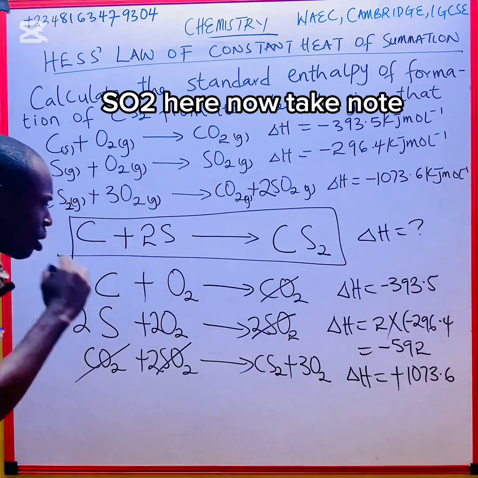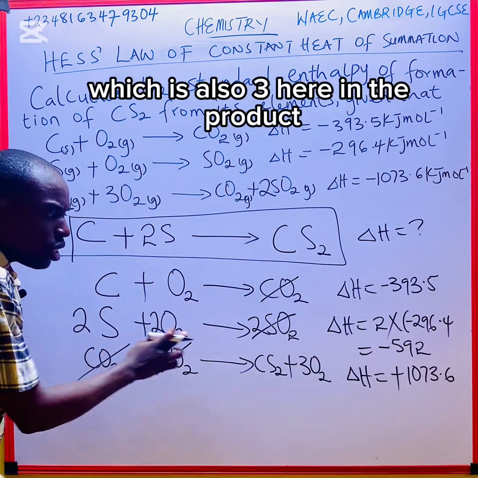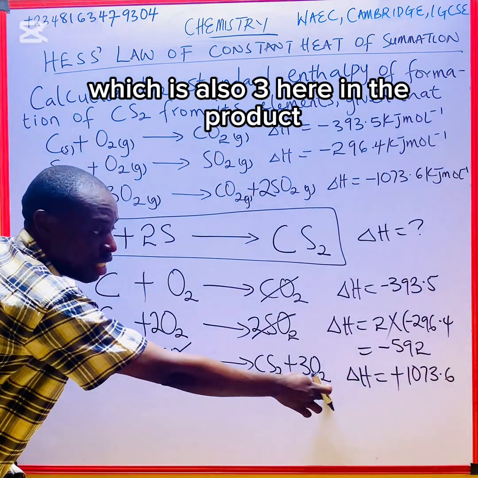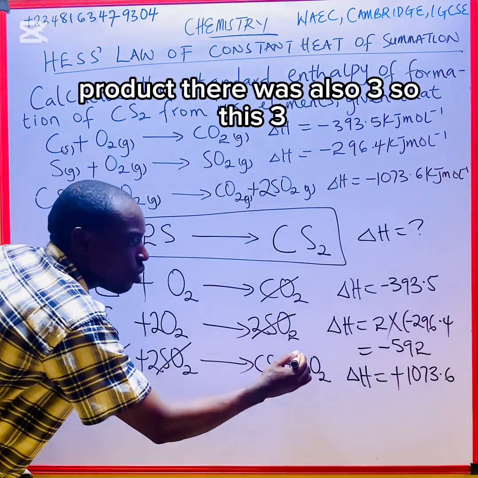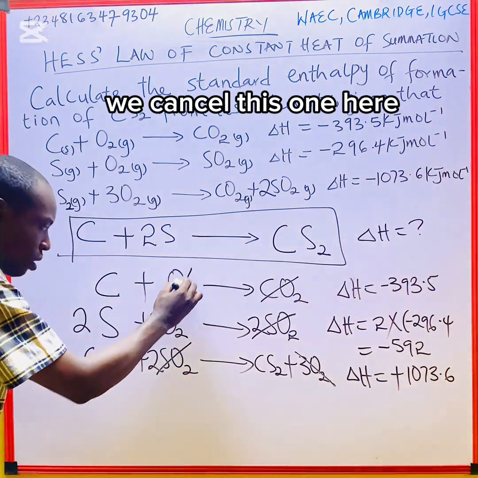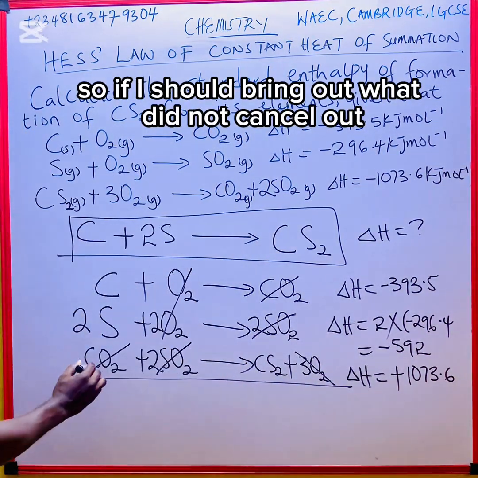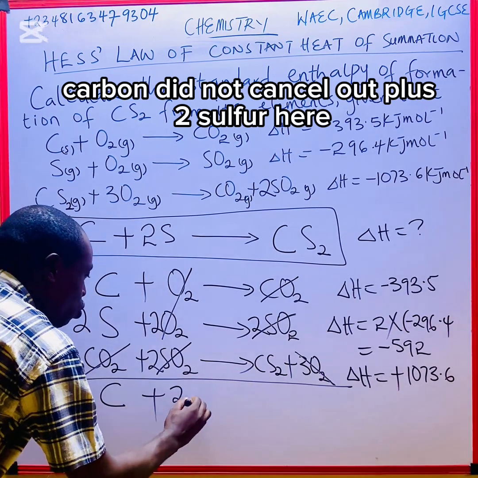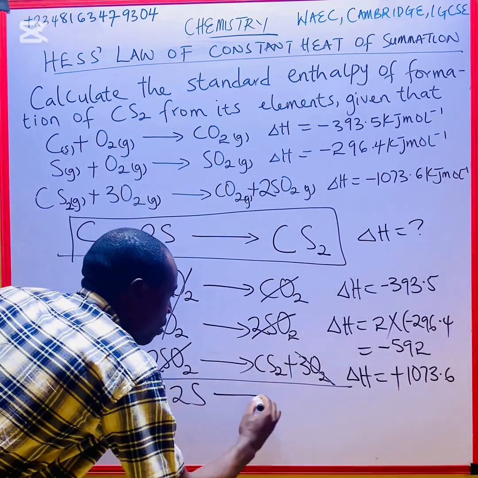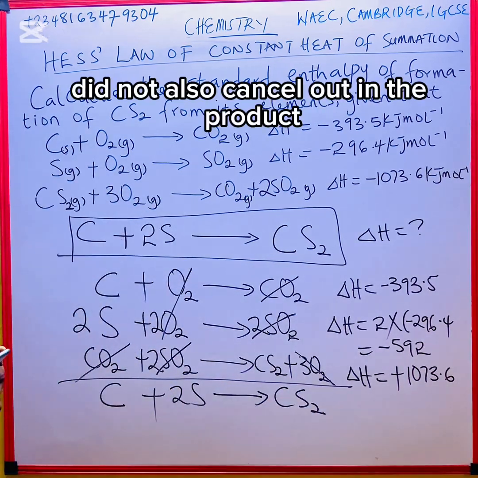Now take note. 1 oxygen plus 2 oxygen, is it not 3? Which is also 3 here in the product, meaning the reactant here was 3, product here was also 3. So this 3, we cancel this one here. So if I should bring out what did not cancel out, carbon did not cancel out, plus 2 sulfur here, carbon disulfide did not also cancel out in the product.